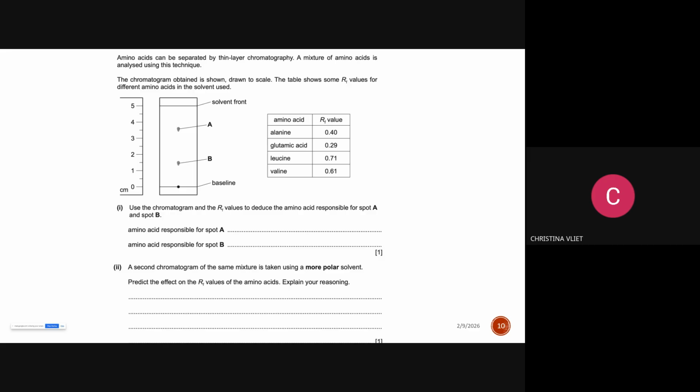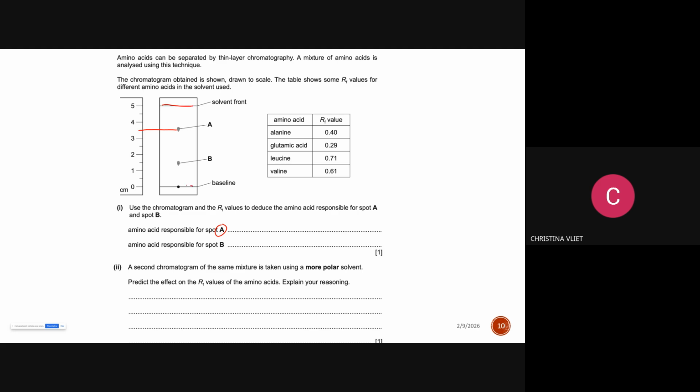What's responsible for spot A? What would we do? How can I figure out the amino acid responsible for spot A? So we've got A is here. What other number do we have that we could use? We've got the whole distance traveled, right?